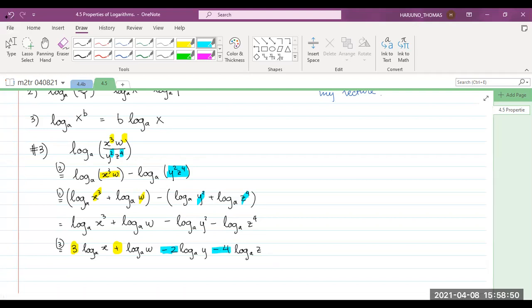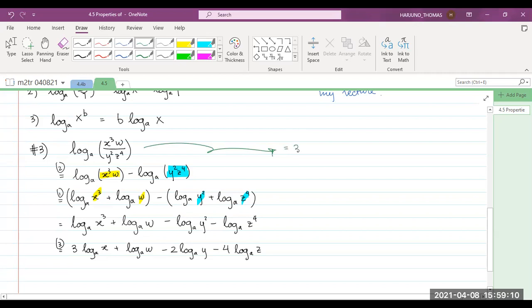So in other words, I do expect you at this level to be able to break down these questions into a sum or difference of logs in one step. I expect you to look at that question and say, this is equal to, let me deal with the x first, 3 log base A of x plus log base A of w. Oh, y squared is at the bottom, so it will be minus 2 log base A of y. c to the 4 on the denominator, so negative 4 log base A of c.